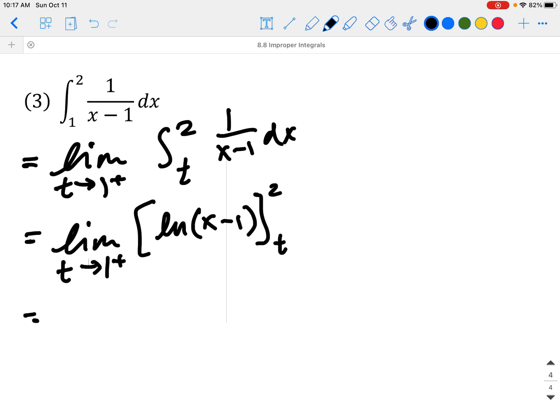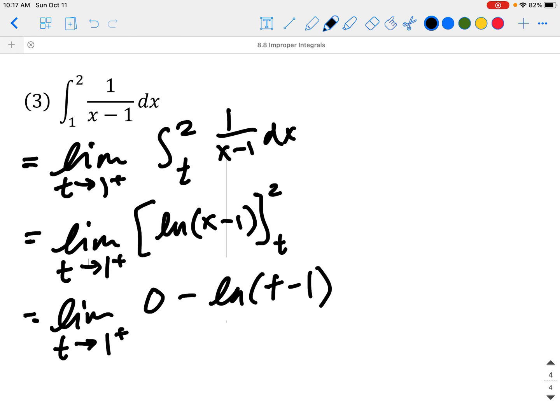So if we look at our expression here, we're going to end up with the limit as t approaches 1 from the right, and we're going to have the natural log of 2 minus 1, which is just the natural log of 1, which is 0, minus the natural log of t minus 1.